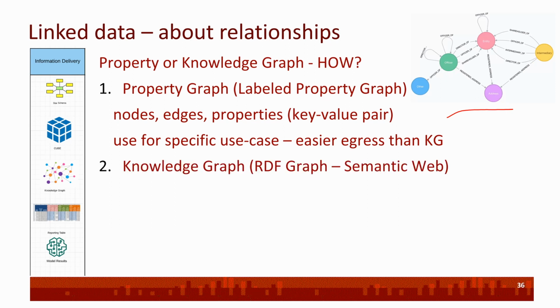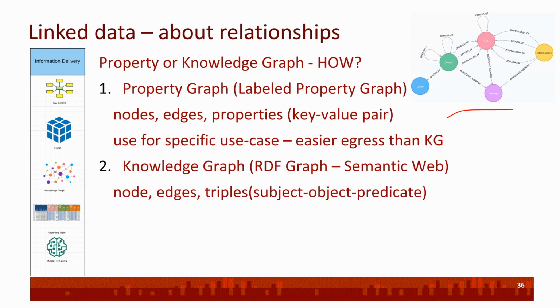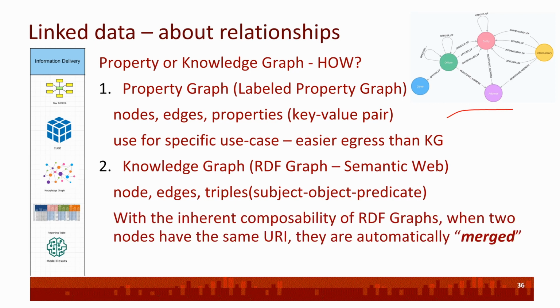The knowledge graph is a lot more formalized. It's a formalized version of your ontology using RDF, which is the Resource Description Framework. Very useful. I talked about this at the conference last year, and it takes a little bit more effort to get to, but it also gives you an ontology around that. And with the properties that you have in RDF graphs, they call it inherent composability.